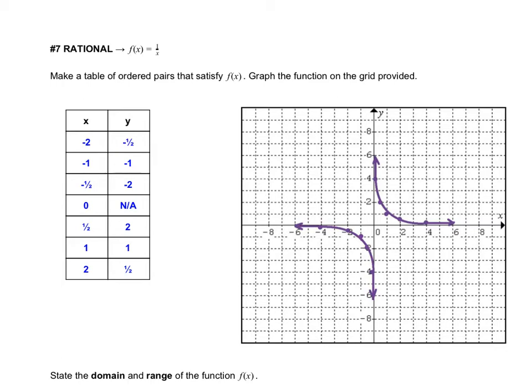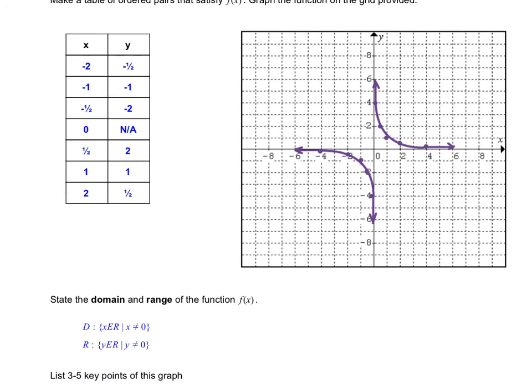There it is. So we do have some restrictions because of these asymptotes that are created on the x and the y axis. So for the domain, x is an element of all real numbers, but x cannot equal 0. And for the range, y is an element of all real numbers, but y cannot equal 0.